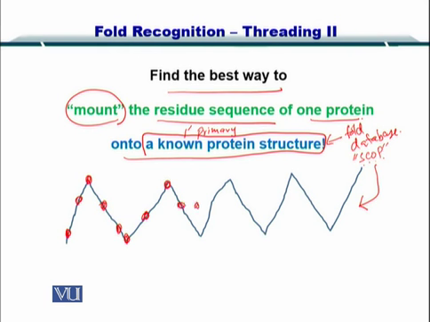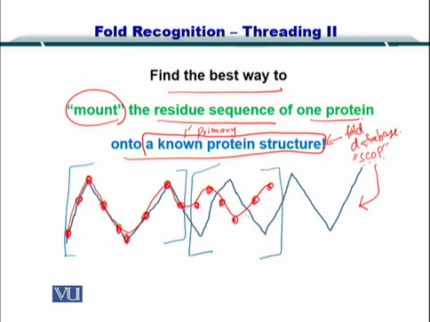and you see how it matches with the fold from the database. So as you can see in this case, this portion matches really nicely with the fold, but this portion does not match with the fold. Such a situation can vary if you keep changing the fold.